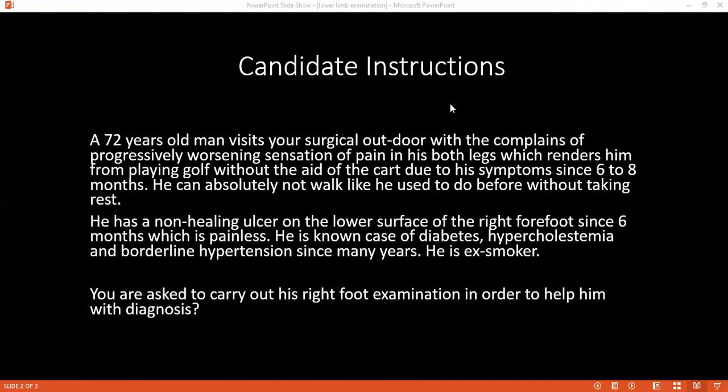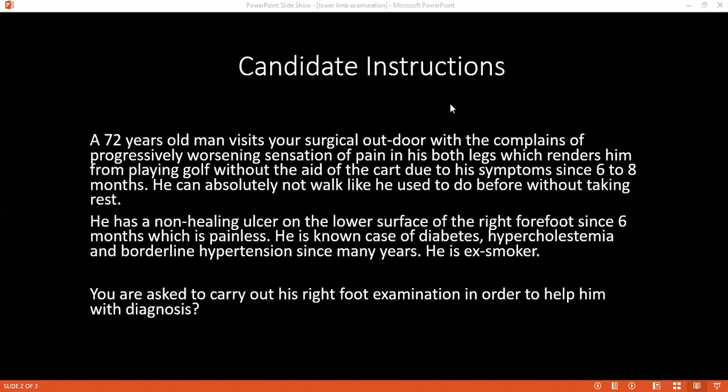Then I will check vibration sense using a tuning fork, and tell him to close his eyes. I put it on the medial side of his first metatarsal, and he tells me when he feels the vibration and when it has stopped, and I compare the right and the left.